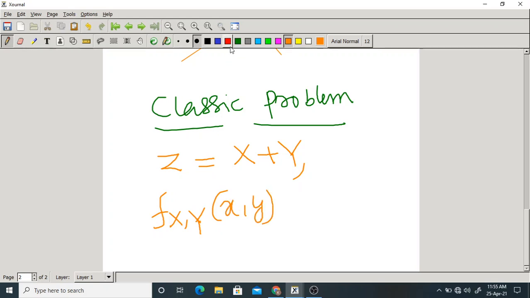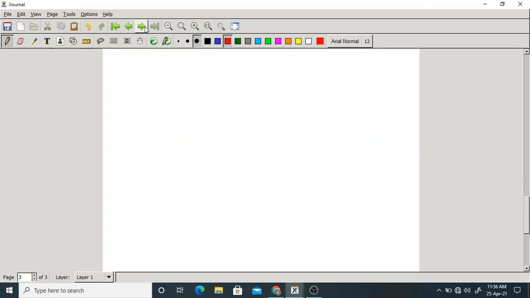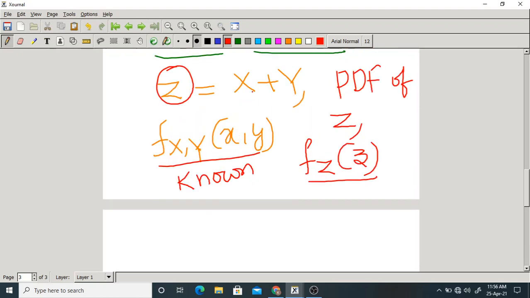What do you have to find out? You have to find the PDF of z, that is, fz of z. This is known to us, and this is unknown. Clear? We have to find the PDF of z, but z is the sum of x and y.